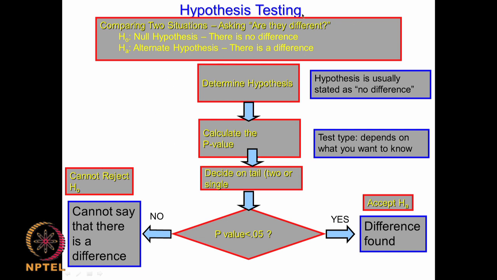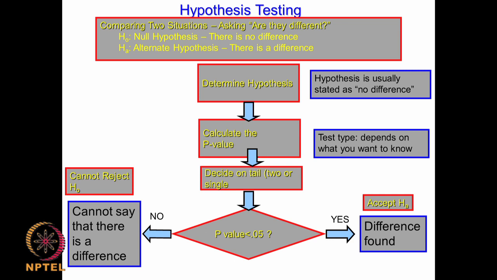So, you create the hypothesis first, and then you have the data sets and you calculate the p value. Then you decide whether it is a one tail or two tail. I did talk about these tails also. If I am comparing two drugs and saying there is no difference between the drugs, or alternatively there is a difference, then we use a two tail test.